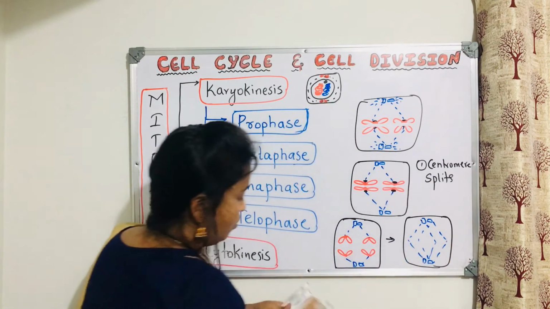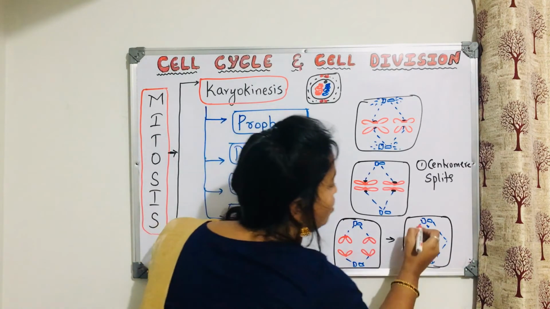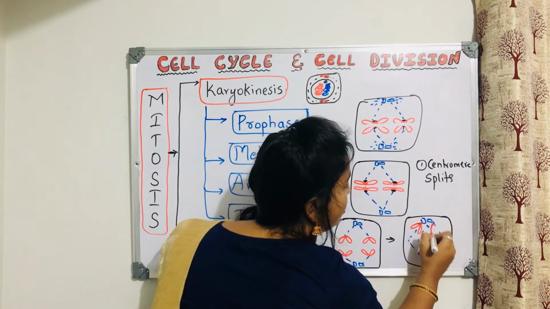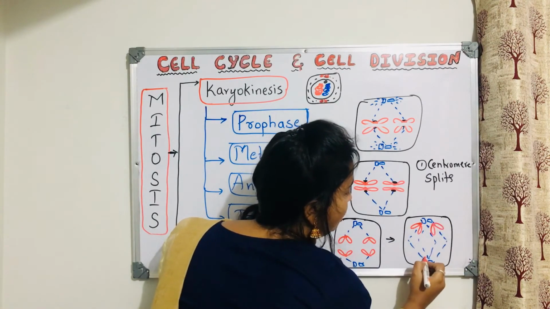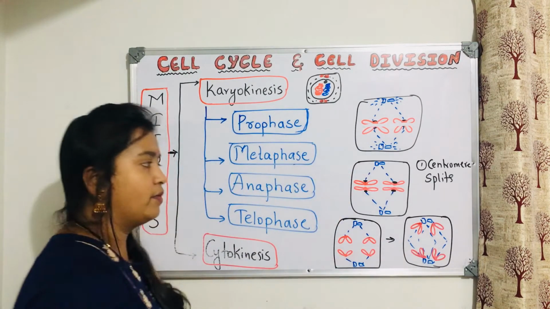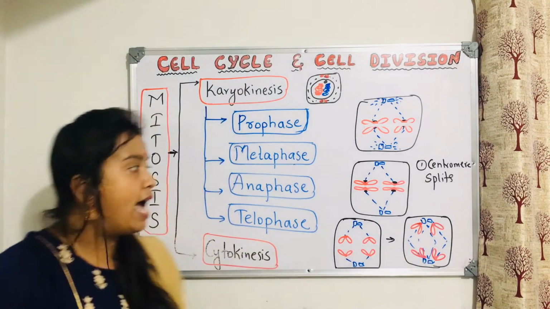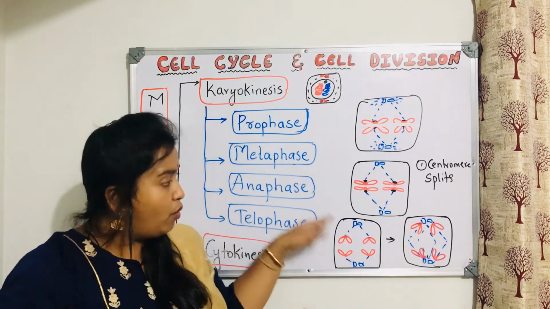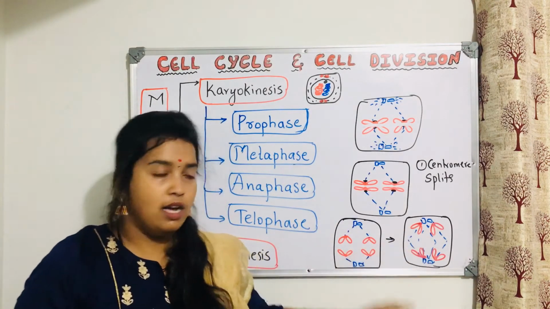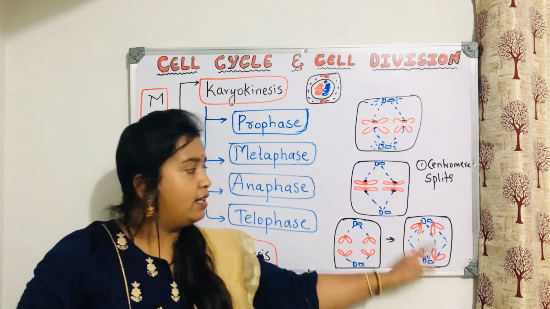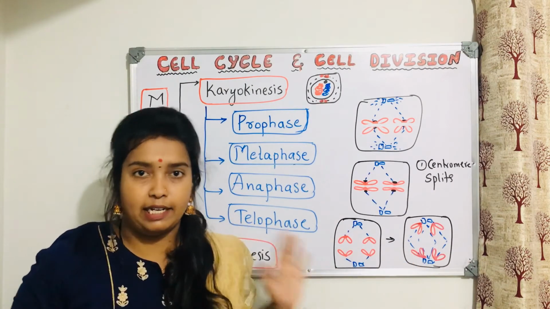Okay. What you will see is that almost the chromatids have moved towards the polar region. Here also the chromatids have moved towards the polar region. Are you understanding this? Ana means what? I told you Ana means towards the pole. So now where are you able to see the chromatids? Chromatids have moved towards the polar region. Here the anaphase stage is completed.